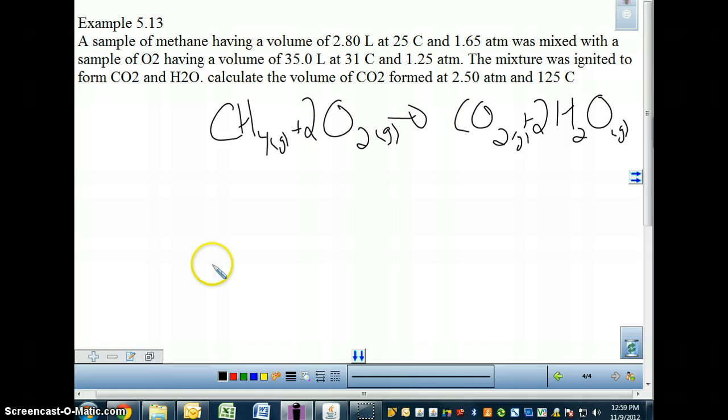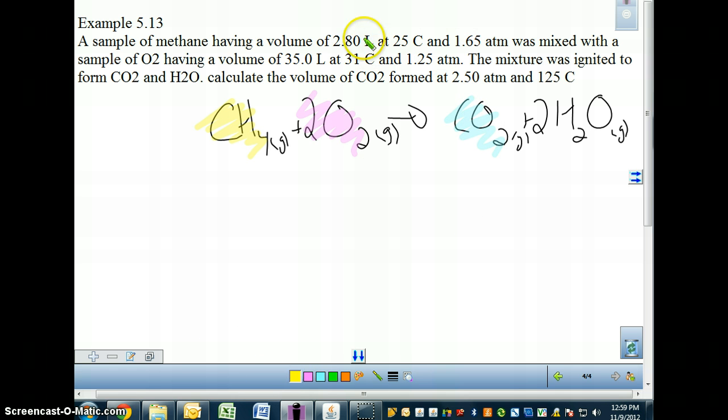Now we need to figure out what the question's asking us and what the question's giving us. I'm going to highlight information about methane in yellow, information about oxygen in pink, and information about carbon dioxide in blue.